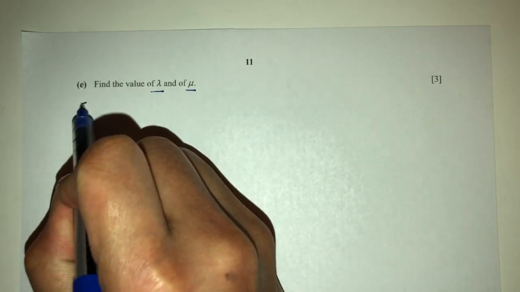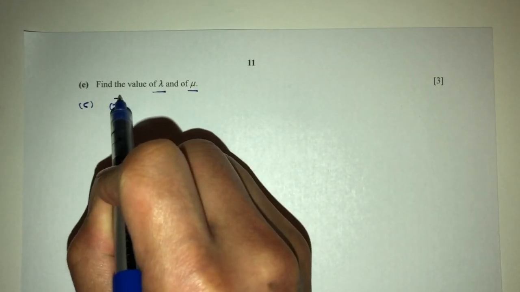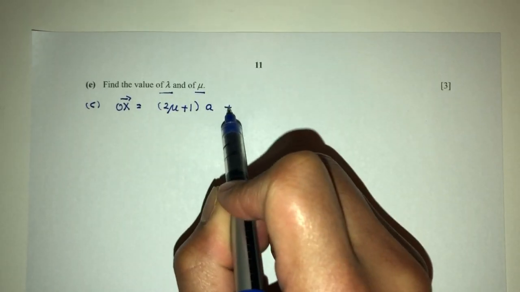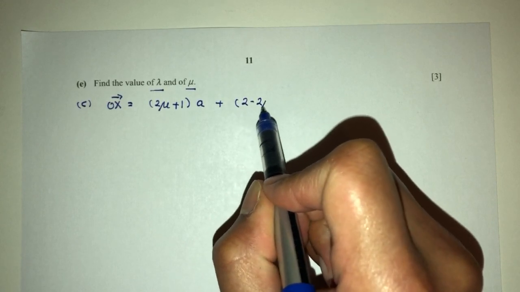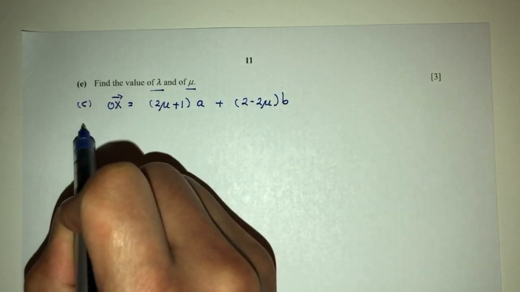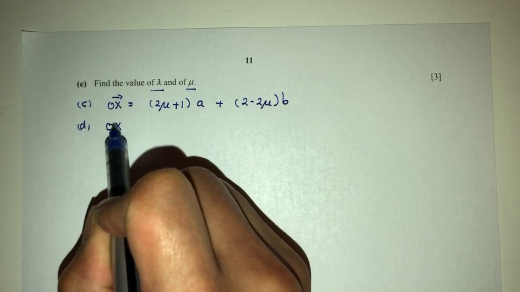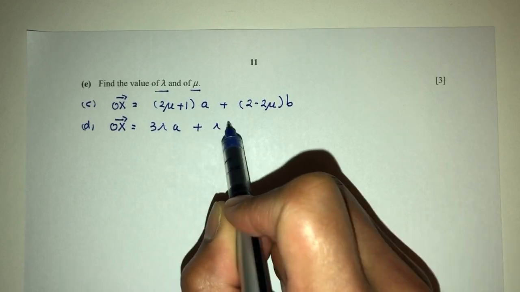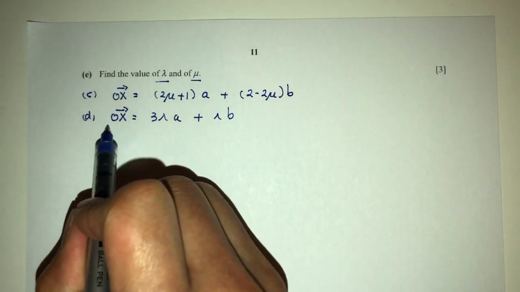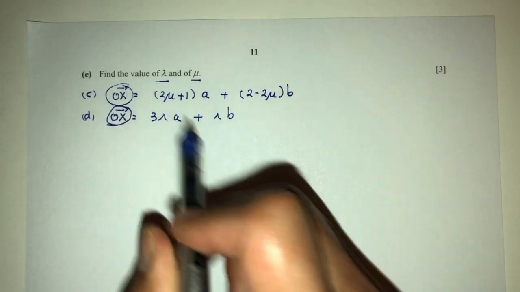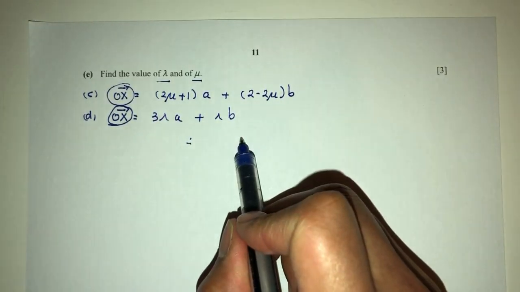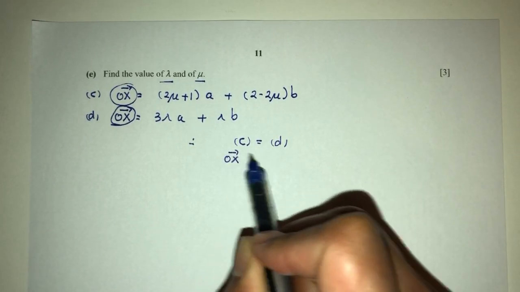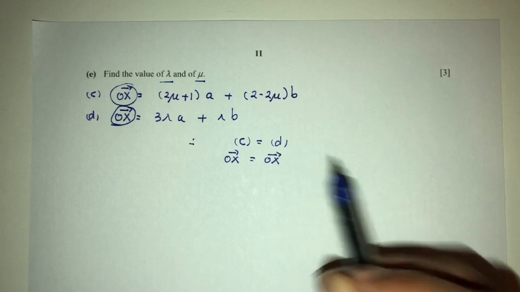So from part C, we have realized that OX is given by 2 mu plus 1 A plus 2 minus 2 mu B. But from part D, we have realized that OX is also equal to 3 lambda A plus lambda B. As you can see, here we have OX and OX, so we conclude that, obviously, C must be equal to D, which means OX, since they are the same thing, should be equal to the same values, right?